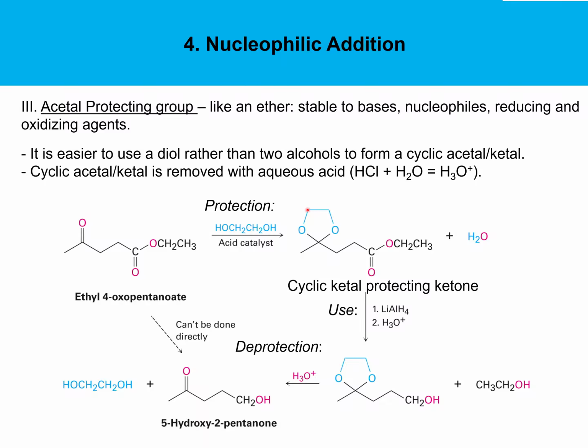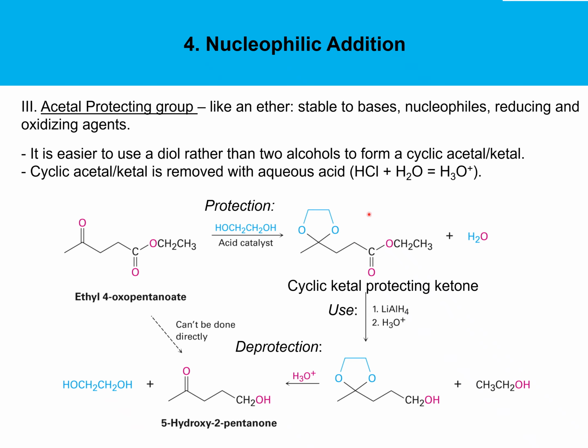So the acetal will also have two carbons, and they're attached to each other, making a 5-member ring to the carbonyl carbon that used to be there. A byproduct of this reaction will be water. And so this reaction, just like any acetal formation, is reversible. If we wanted to remove the acetal protecting group, we can do it with the aqueous acid.